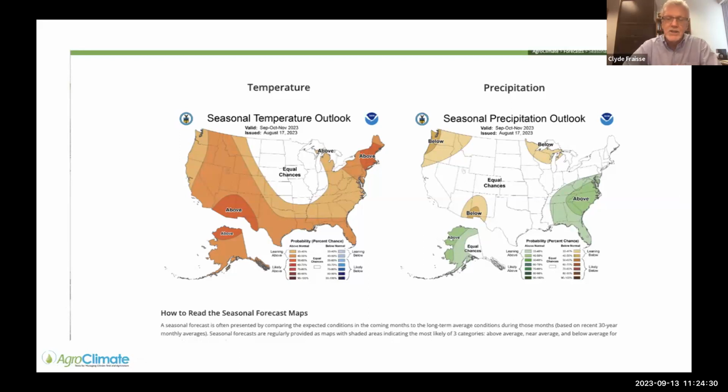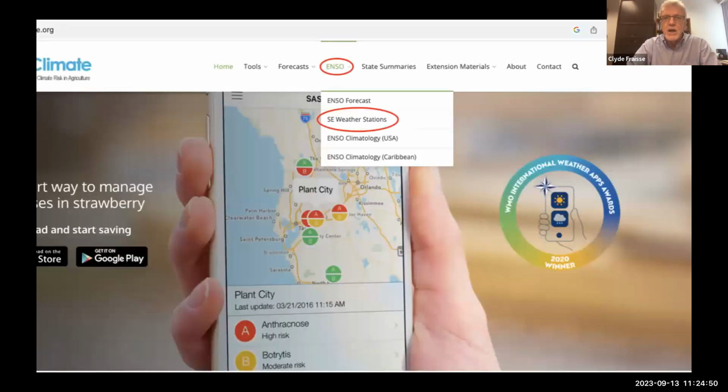We don't have a 33% chance, but there is a slight shift towards above normal precipitation and also above normal temperature. So this is how we see that, and we just facilitate the access to this information.